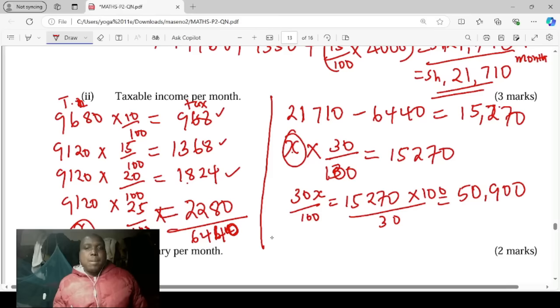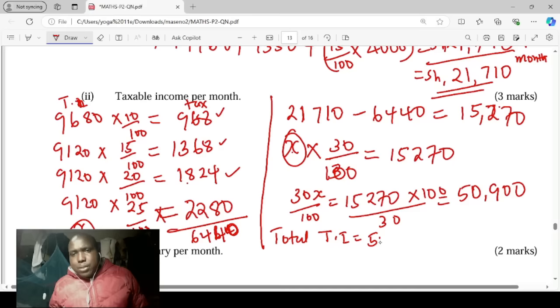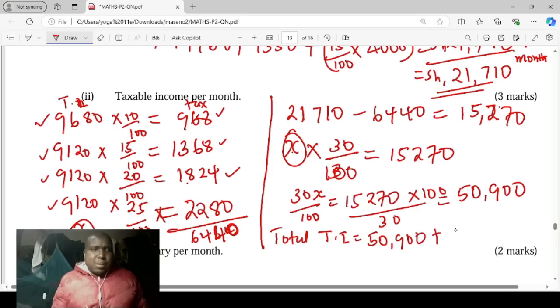Now total taxable income is equal to 50,900 plus, tunaongeza this plus this plus this plus this, which will total up to 37,040.